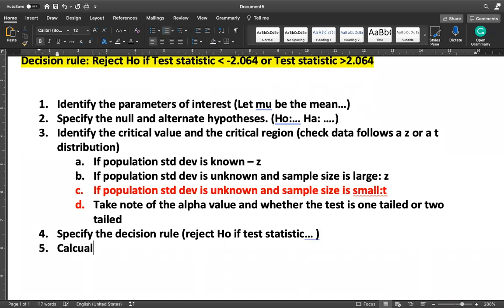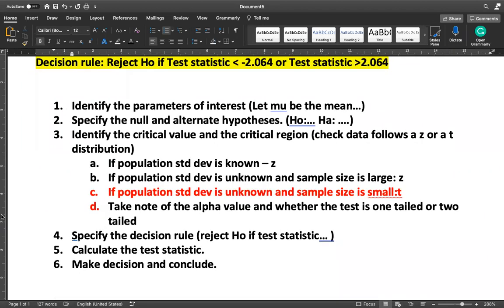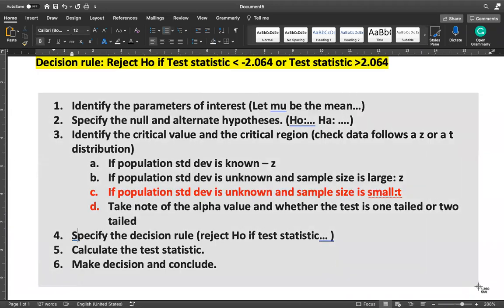Then you calculate the test statistic, right? Calculate the test statistic. Then you make a decision and then conclude. Okay, make decision and conclude. This is a very simple approach to solving your hypothesis test questions.